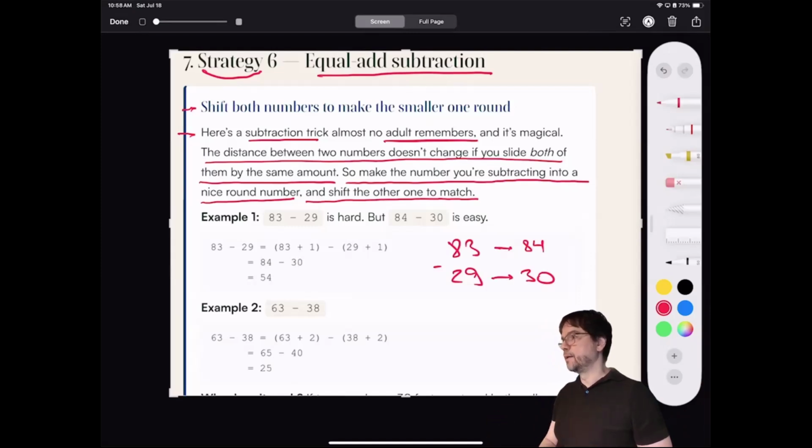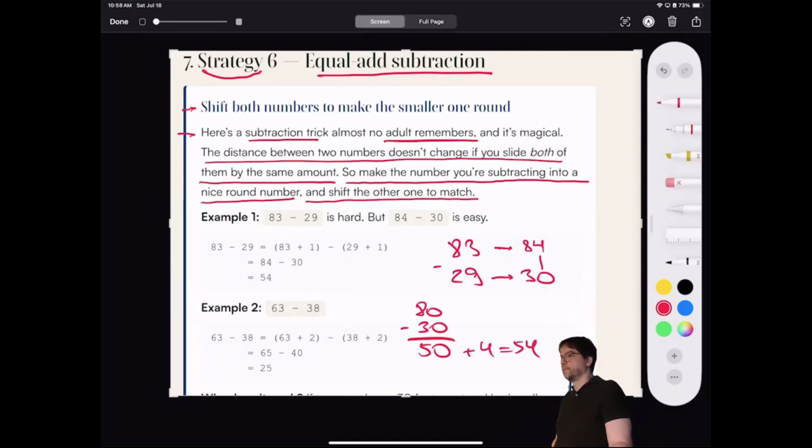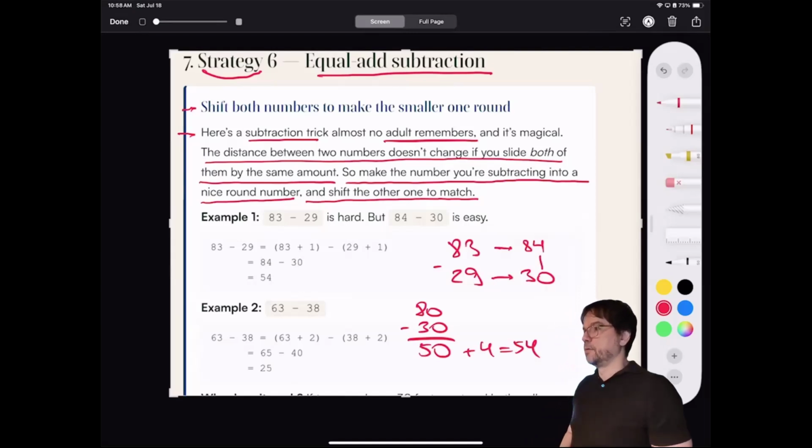Because I added 1 to both. 84 minus 30 is much easier than 83 minus 29. Do you agree? I will do the other technique. 80 minus 30, 50. And 4 minus 0, 4. 54. Is that okay? So the theory involved is the distance never changes.